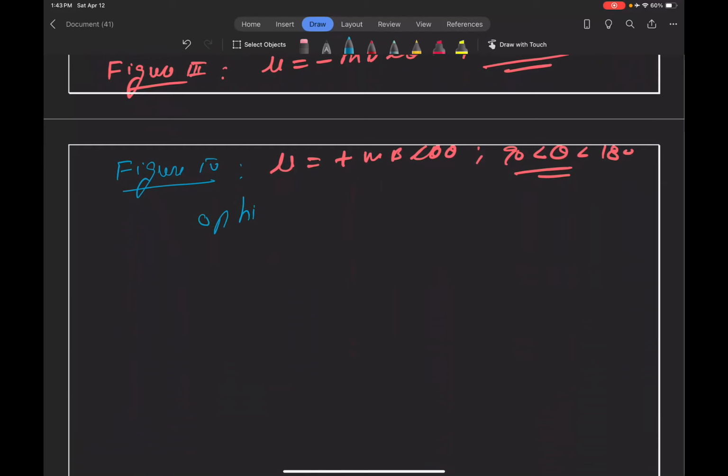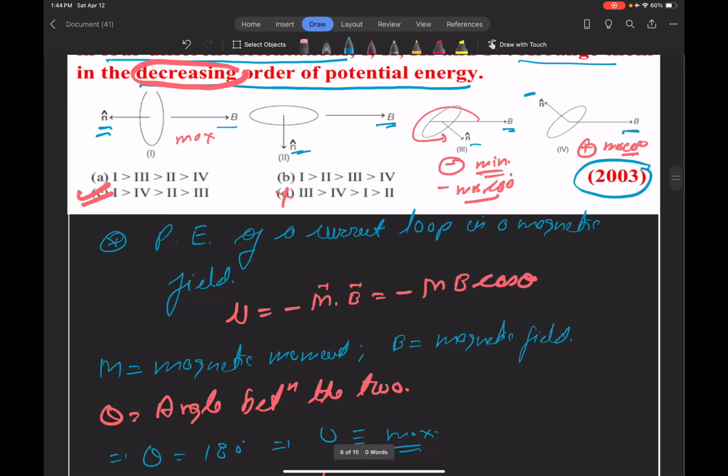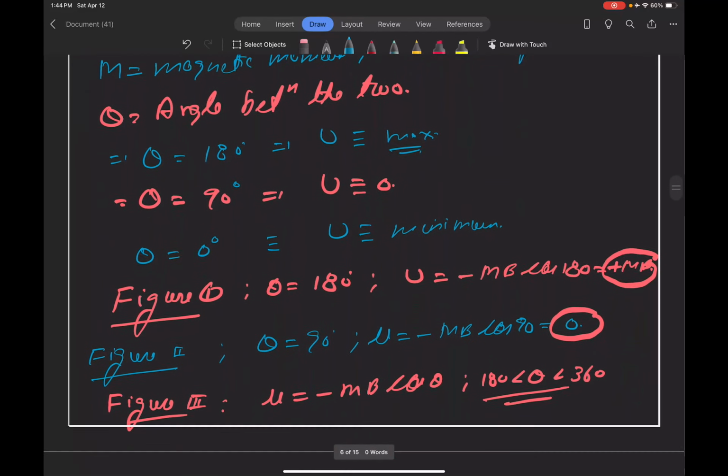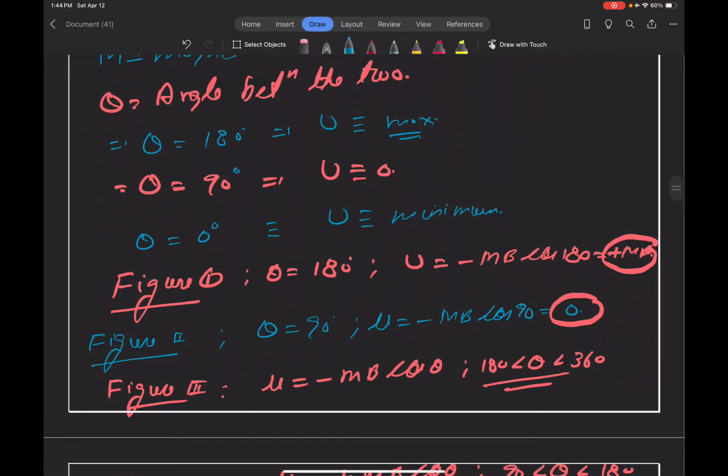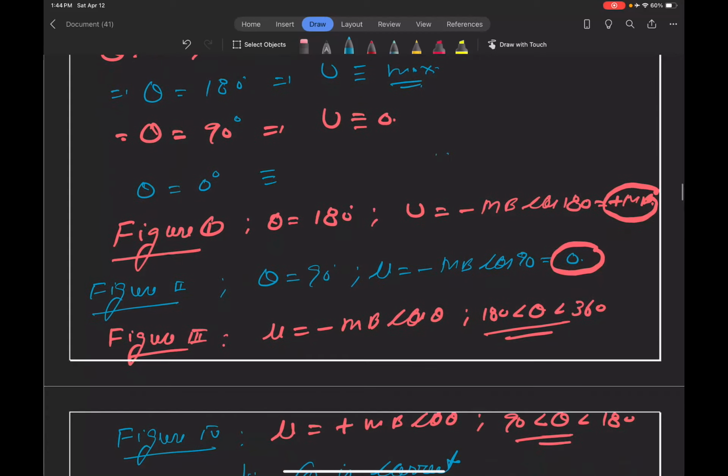So option C is correct. And yeah, here also I have to make a certain change: this need not be minimum for theta equal to 0, because in one of the options theta is 0, but this energy is equal to 0 but not necessarily minimum.